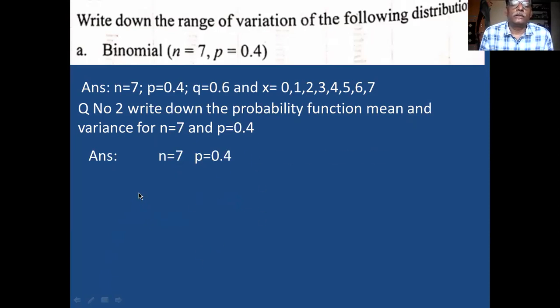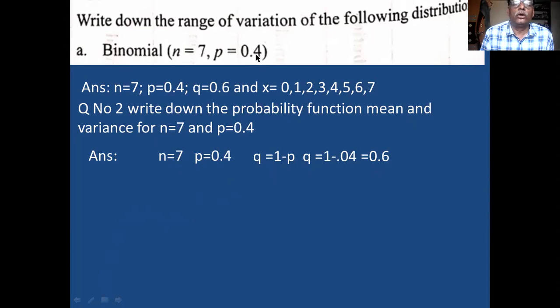So for the probability mass function, first you calculate Q. Q is always 1 minus P. Therefore, Q is equal to 1 minus 0.4, since the P value is 0.4. So Q is equal to 0.6.